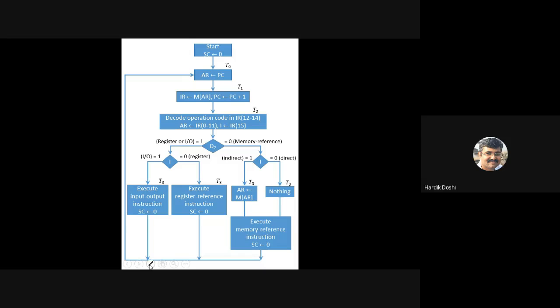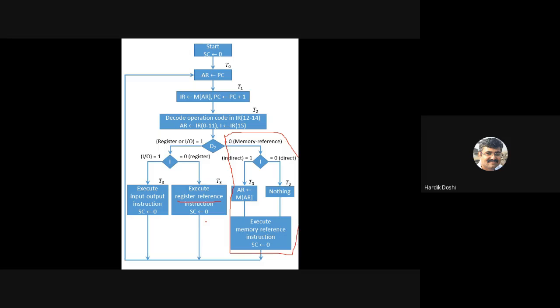This part of memory reference we will be discussing in detail, and these two also we need to discuss. But the general format we got is that if D7 is 1, I is 0 and T3 is 1, then any of the register reference instructions will be executed.